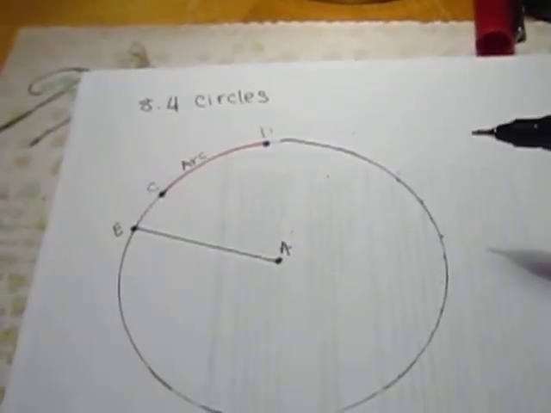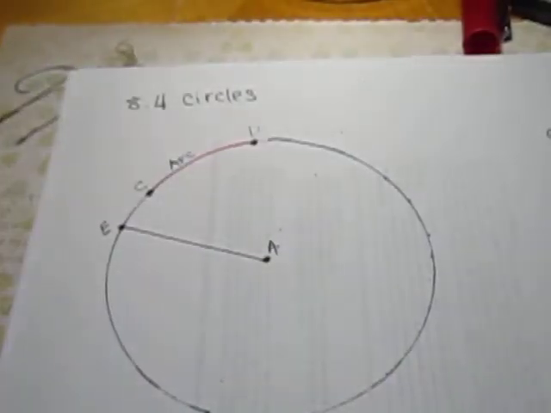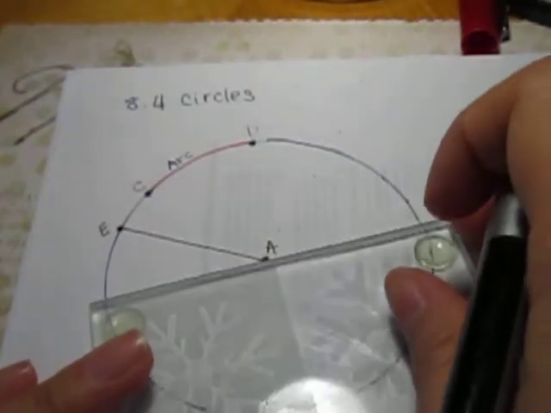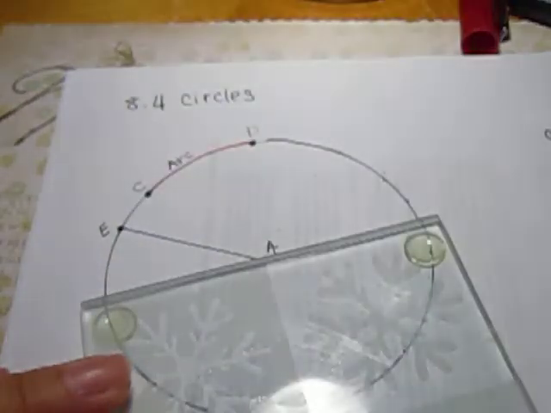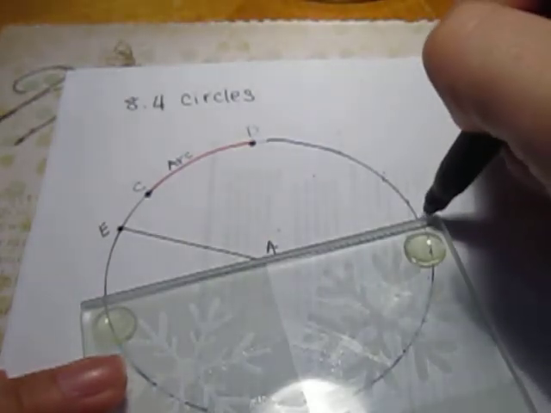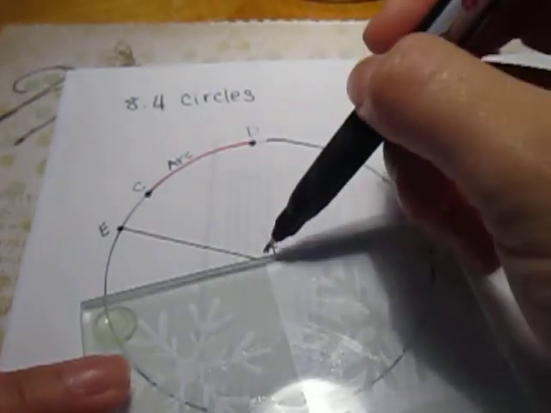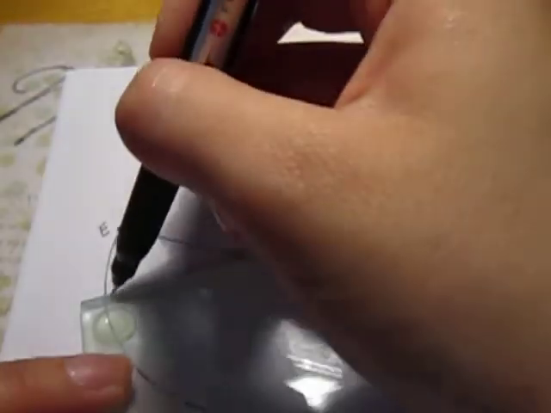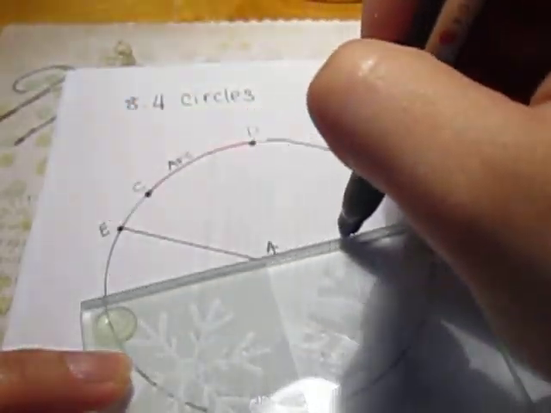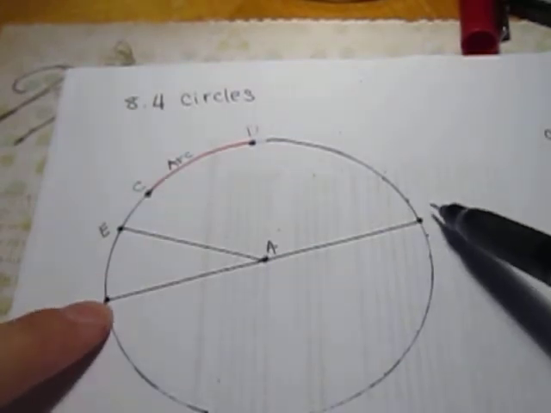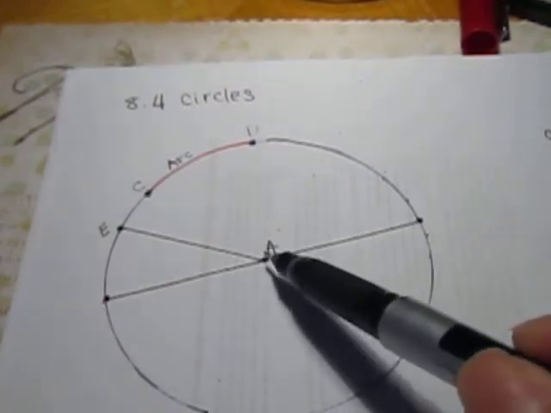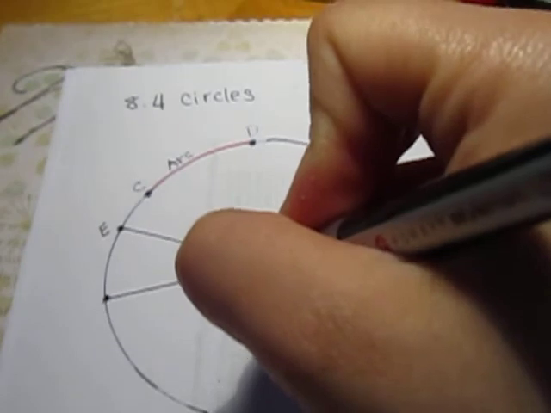Another component of the circle will be the diameter, which is a point on the one end of the circle and a point at the other end of the circle. The only thing is the diameter must also cross the center. So it has to have those two parts. It has to reach from end to end and has to pass through the center, and that's called the diameter.